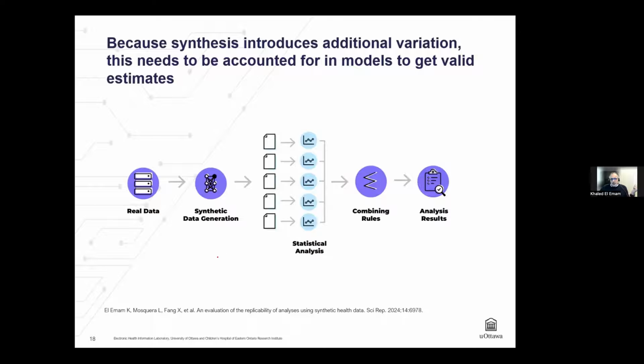So you get the real data set, you generate synthetic data. We did a simulation mentioned later on. Basically, if you generate 10 synthetic data sets, there's a number of combining rules that you can use to combine the analysis results across the 10 data sets.